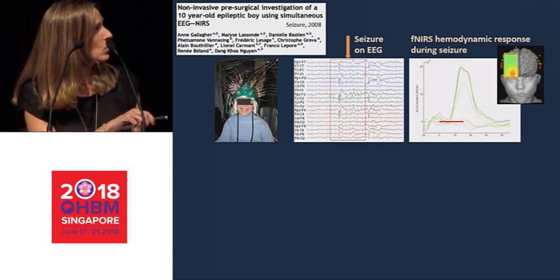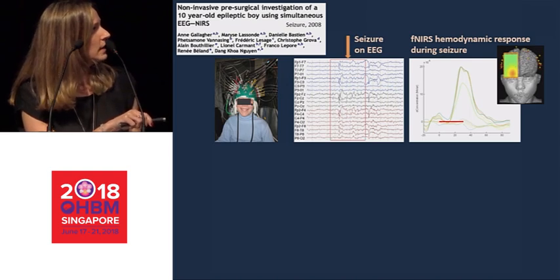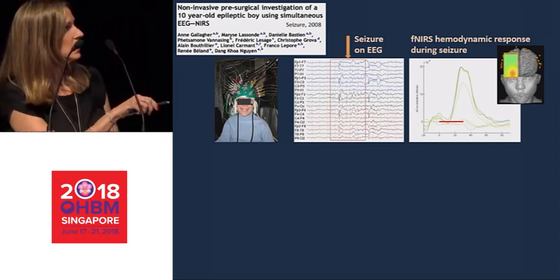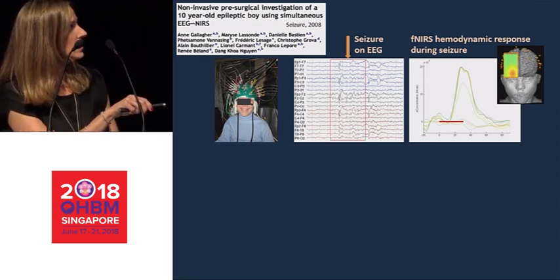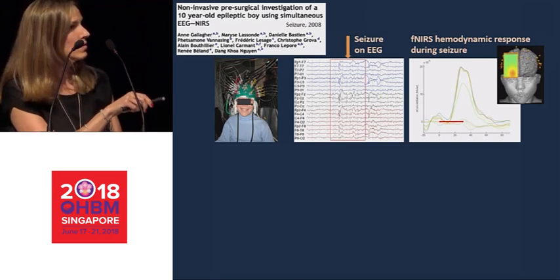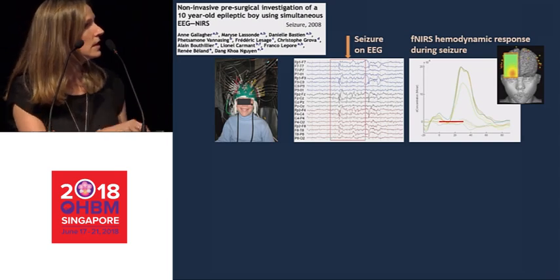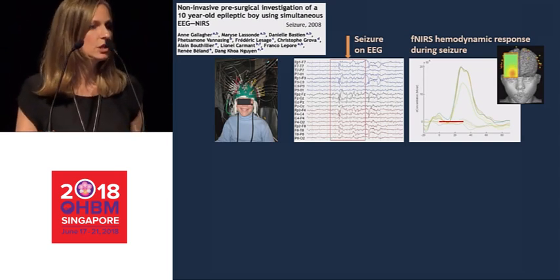Each line is one channel over the right frontal area, and the horizontal red line is the duration of the seizure. We can see that associated with the seizure, there is a huge increase of oxyhemoglobin and a small decrease of deoxyhemoglobin. So this signal allowed us to localize the epileptogenic zone in this patient.